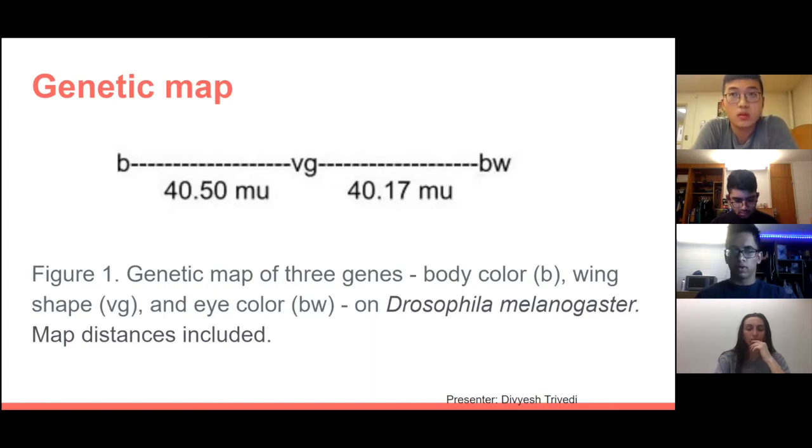As we know before, the vestigial gene is in the middle because of the lowest occurrence, because the double crossing over happens with the lowest frequency.